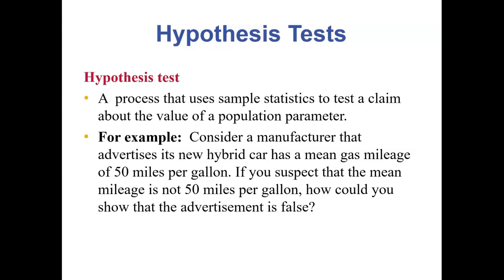So you take a sample of 45 and you drive every car and you write down the mileage and you get the average mileage. That is your sample statistic. So based on your sample statistic, you will infer about your population. That's exactly what your hypothesis testing is. It's a process that uses a sample statistic to test a claim about the population parameter.